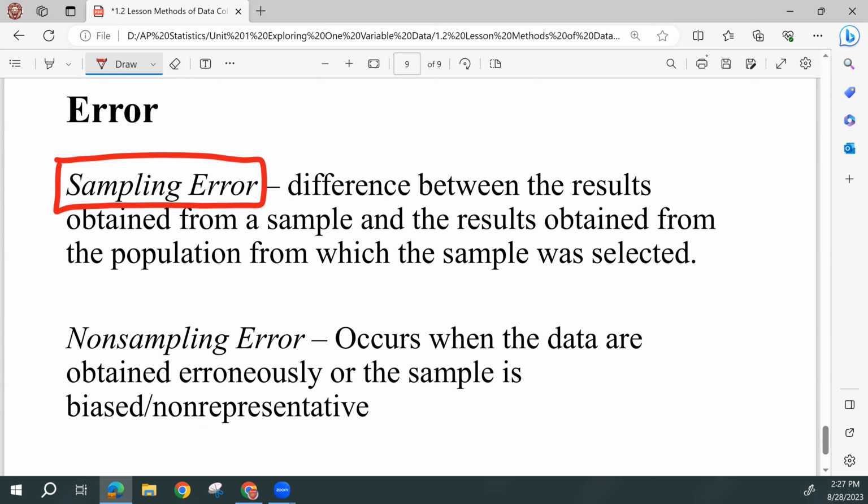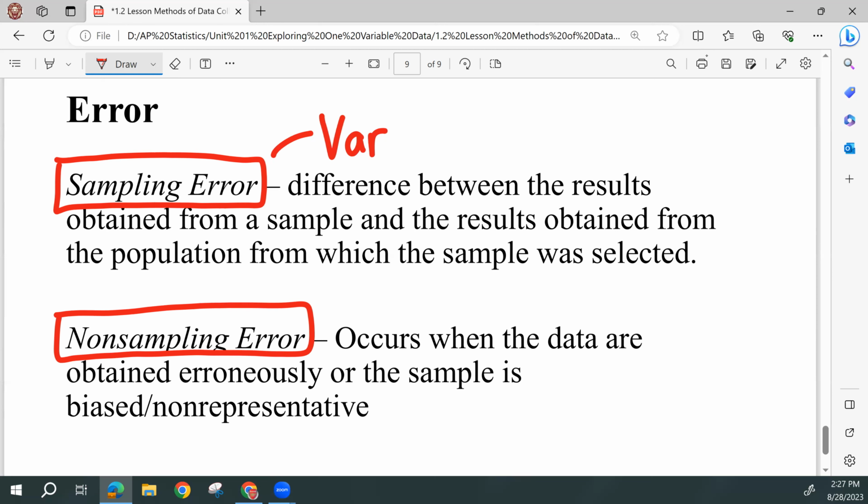And then we have other errors. So those errors occur just from the variation that exists between our smaller section of our population. And that's okay, that's going to happen. Non-sampling errors exist when we use bad methods or we don't pay enough care or attention to getting a representative sample to study.